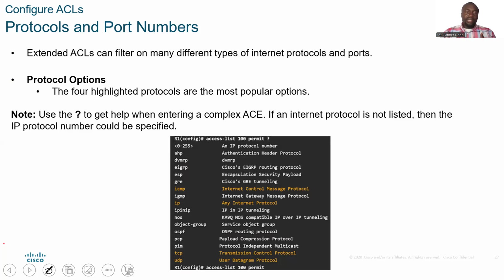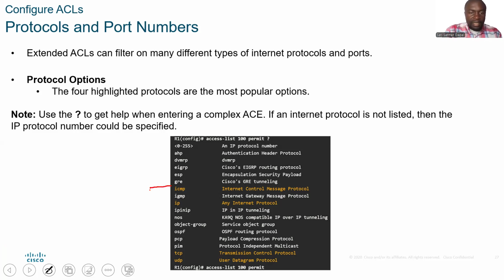All right. So extended access list can filter many different types of internet protocol and ports. So the applications that you want to permit or deny run on the port that we're going to be talking about. So the 4 highlighted protocols, as you can see, are the most popular ones.